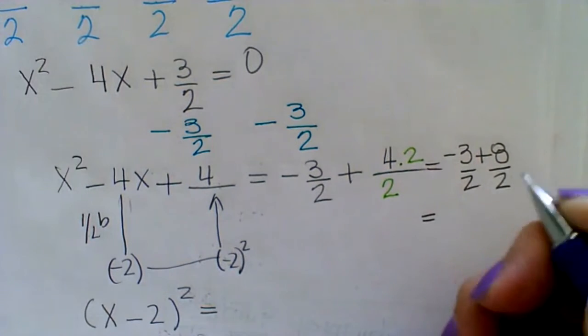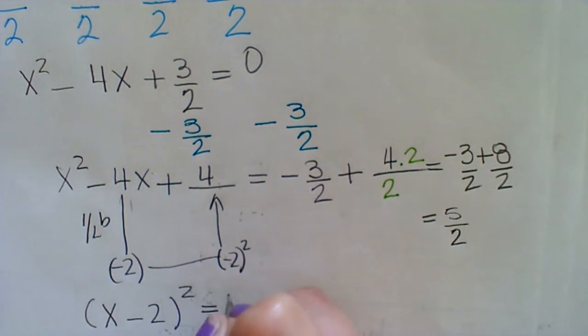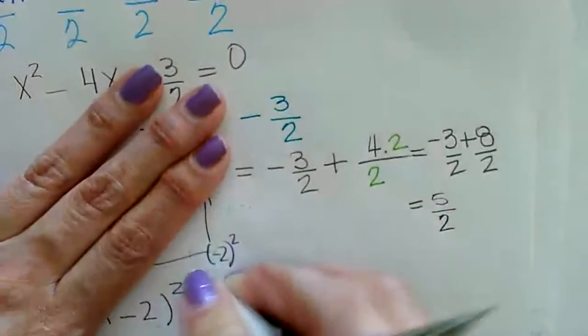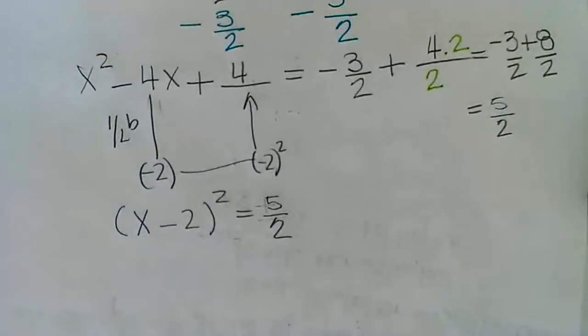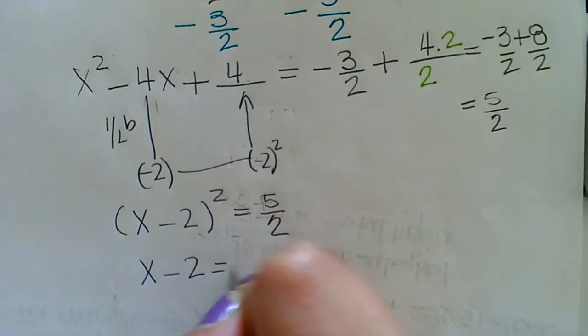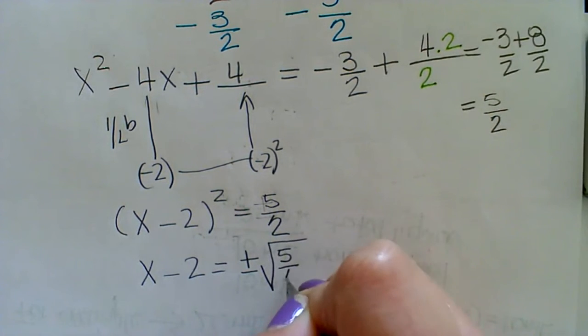That's going to give me what? 5 over 2. Now apply the square root property. And what do we have? Plus or minus the square root of 5 over 2.